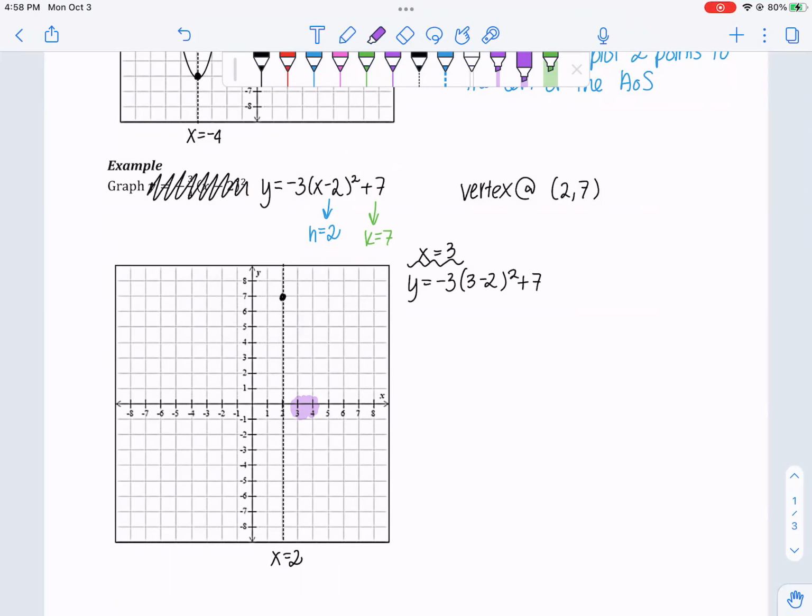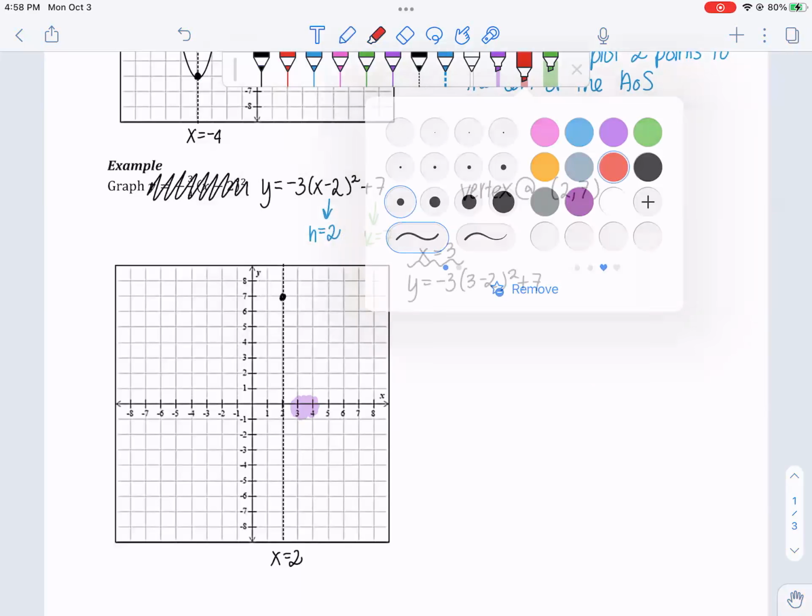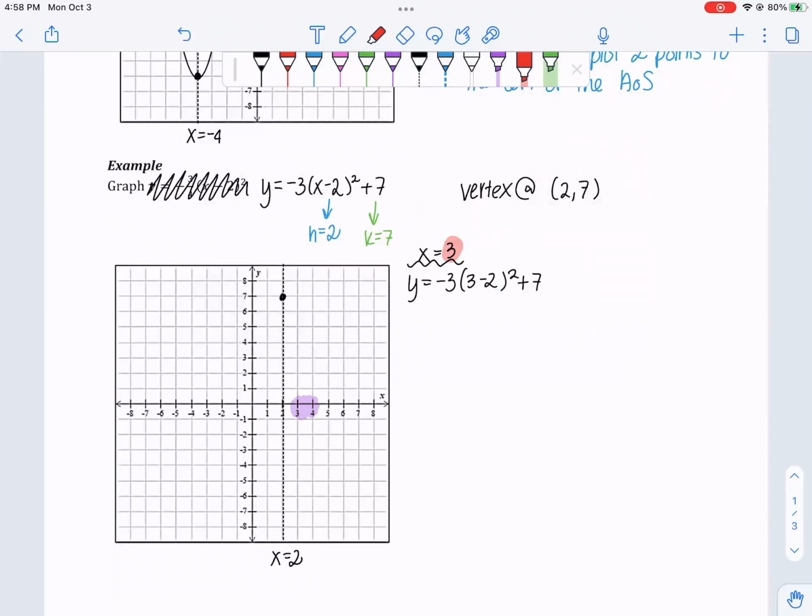I plugged in 3. This is negative 3 times 1 squared plus 7. Negative 3 plus 7 is 4. That's the y value.